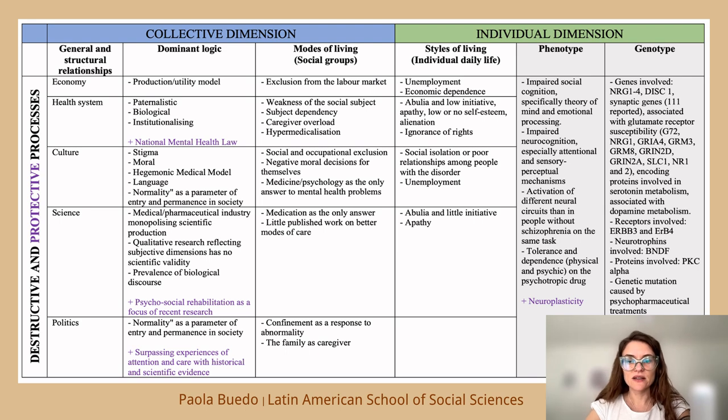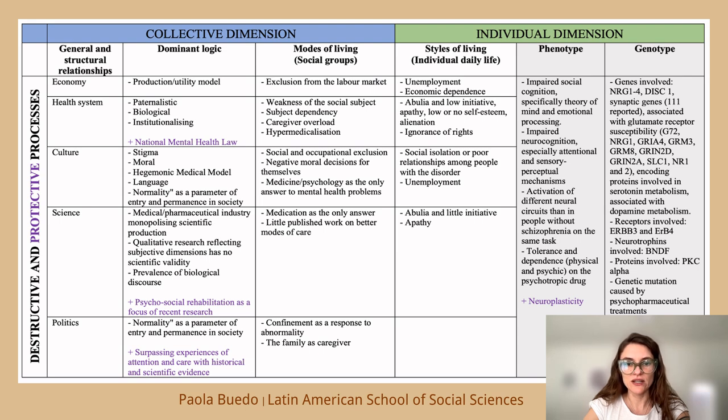So as I said, this is an example from my master research study that aims to look at why people with schizophrenia are socially excluded. So let's start with the general economic dimension. The economic dominant logic is the first column, and we have the economy as a general part of our social structure.